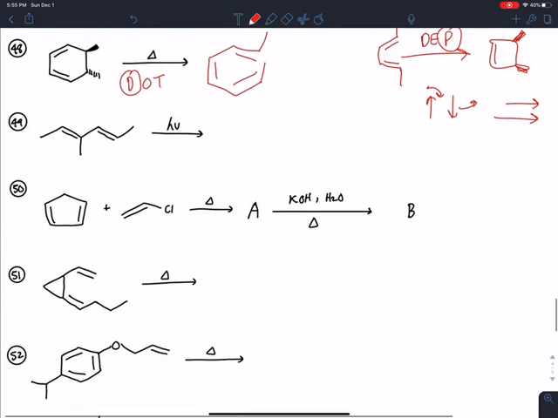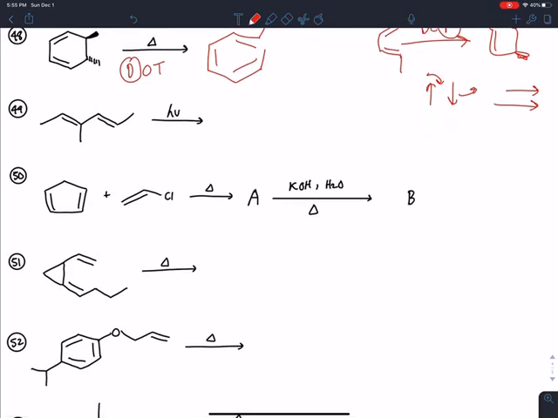Done. Next one. Right now, my thing does not look like S-cis, so let's make it go S-cis. Well, that would give me that. So if I redraw that, I get this, and that. Just like that. And then we're working at the same thing. I have even. I have photo, so this is dep. I have to go disrotatory. In the beginning, they're pointing away from each other. So if I go clockwise on the right one, I will get this.